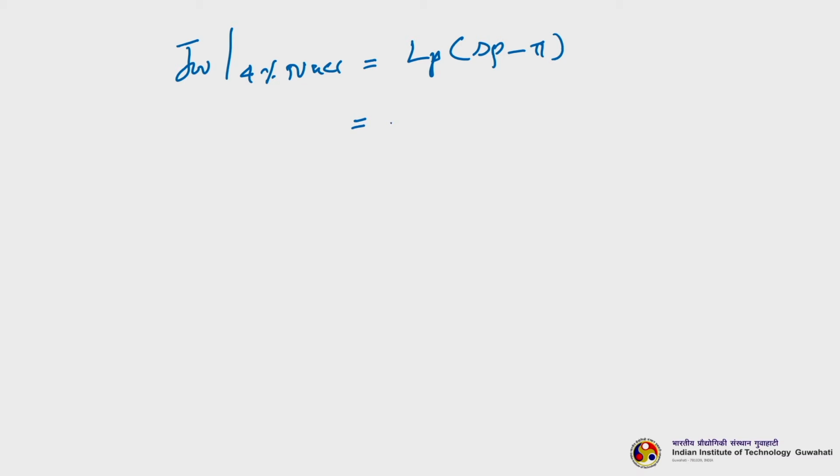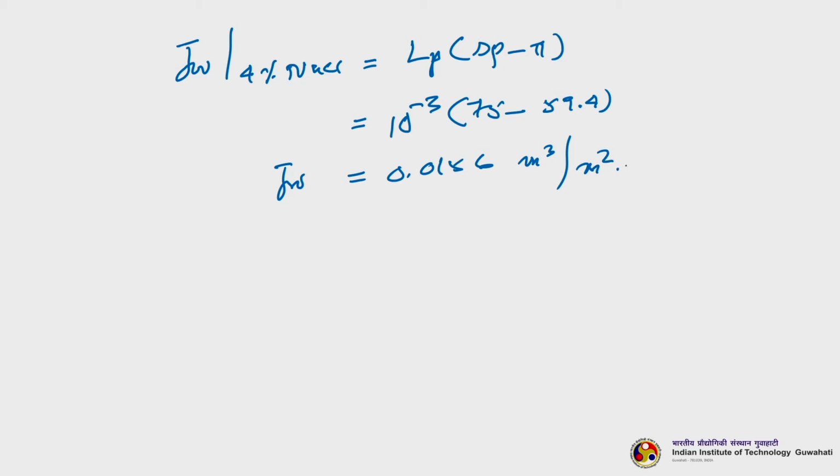Lp is 10 power of minus 3, delta P is 75, and delta pi we have calculated as 59.4. So, Jw comes to be 0.0156 meter cube per meter square hour. This is the water flux that we have calculated for a 4% sodium chloride solution with the same module.